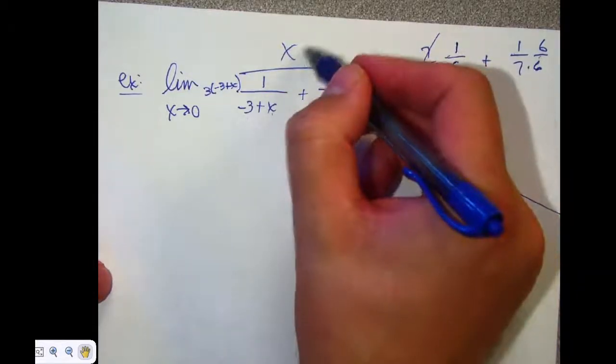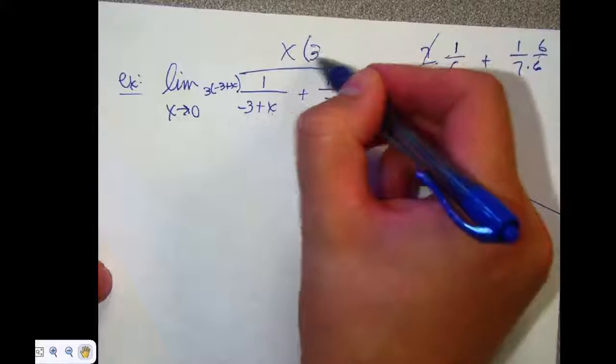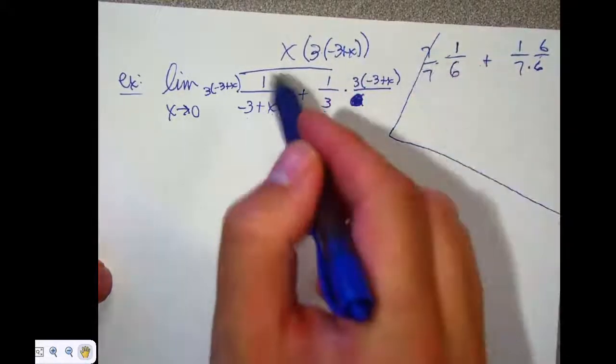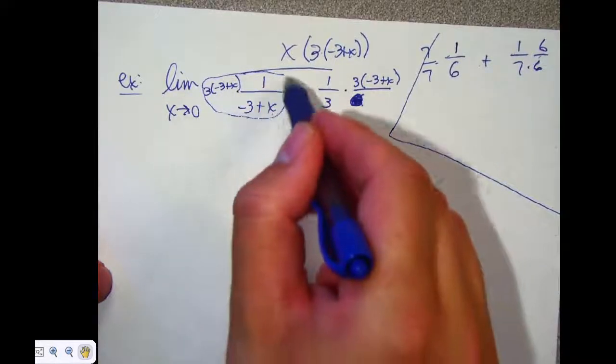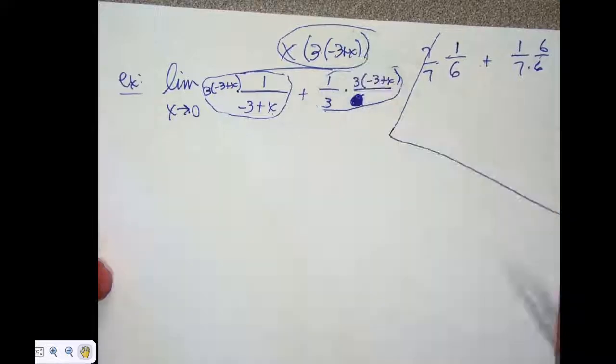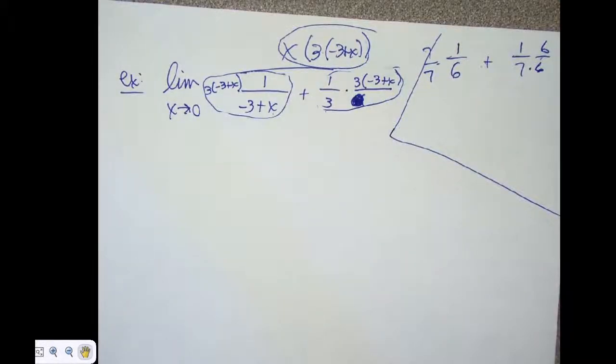And I'm going to multiply this term up here by 3 times negative 3 plus x. There were 3 separate terms in my problem, and I'm multiplying each one of those by the common denominator that I found.